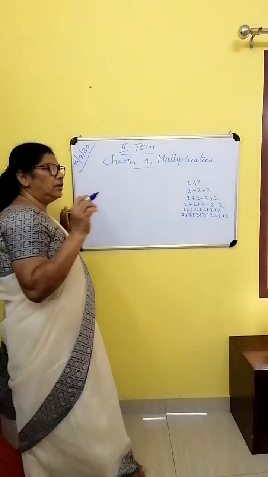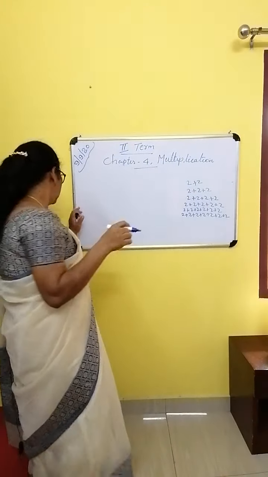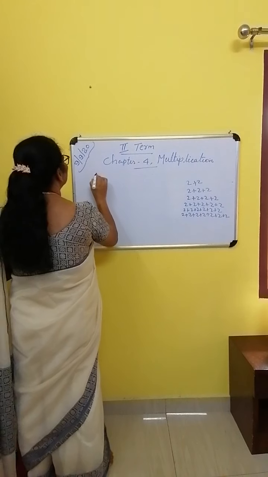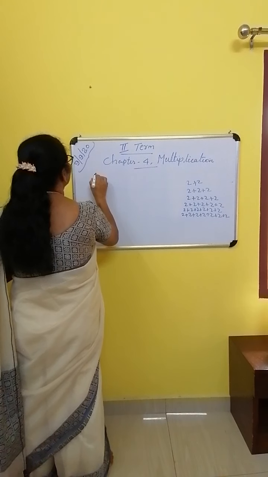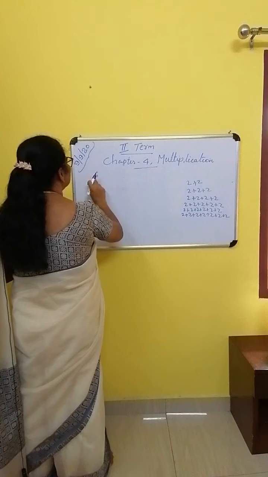Already you have studied table 1 to 5 in second standard. Now I will write 6 on the table, on the board. Okay. Table 6.